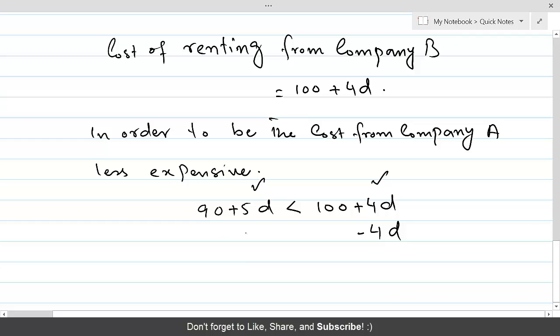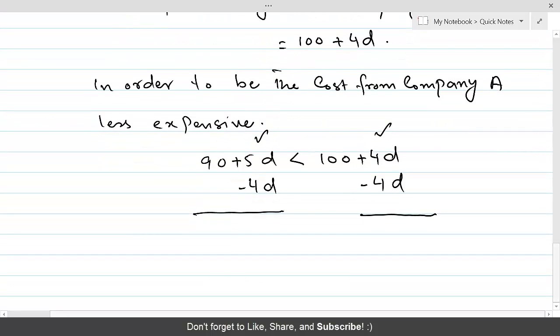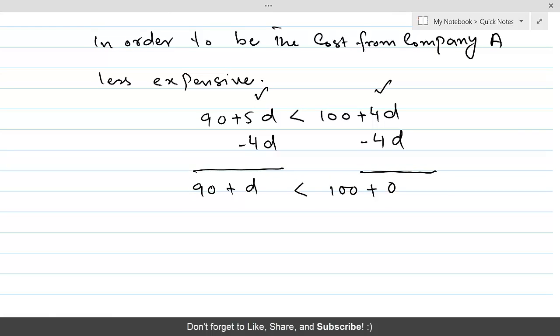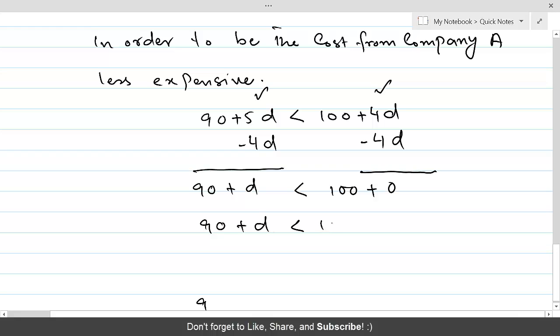Minus 4D will cause it to disappear, and minus 4D over here. So this will become 90 plus D on the left side. As subtraction doesn't change the inequality, this would be 100 plus 0. So this is how it would be: 90 plus D is less than 100.